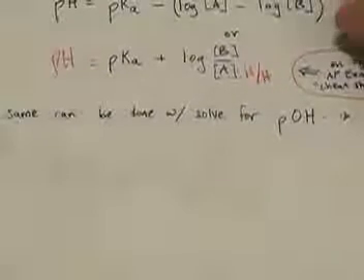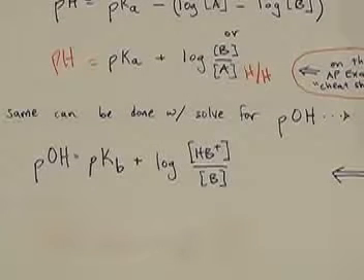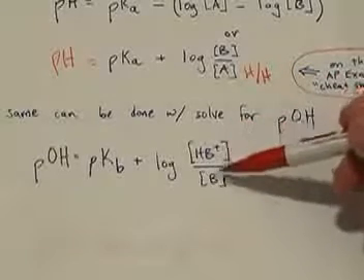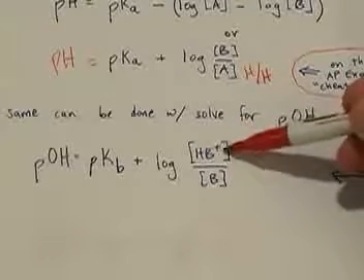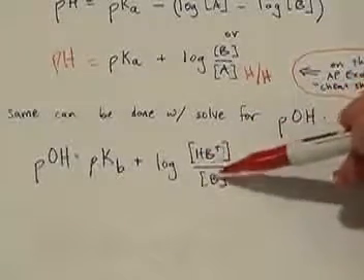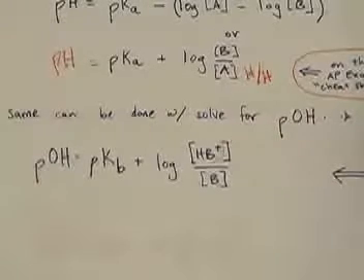In this case, the pOH turns out to equal the pKb plus the log of the acid over the base. This is the shorthand writing for the acid, the conjugate acid of a base, because remember the base will gain a proton and it will get a positive charge.